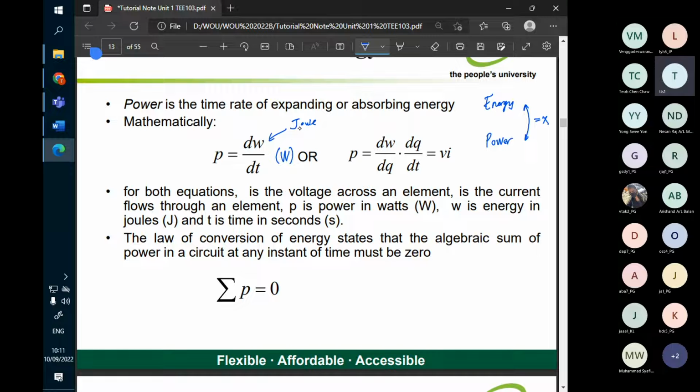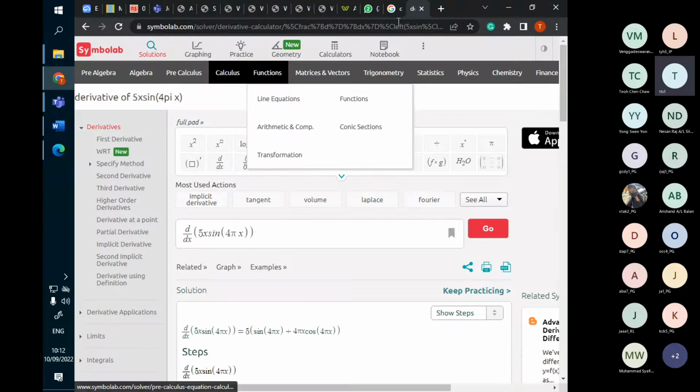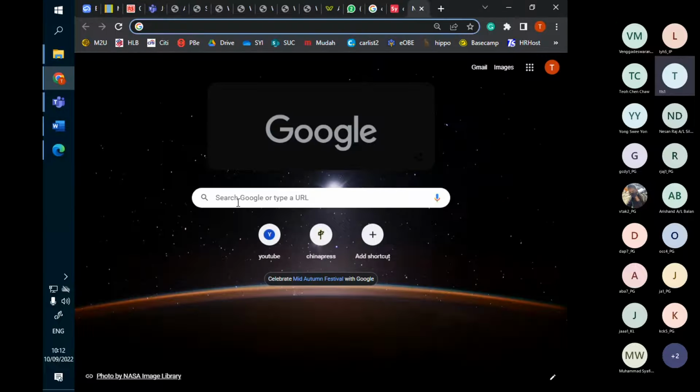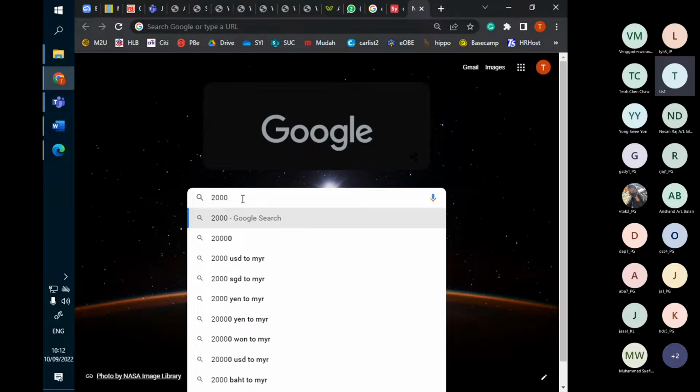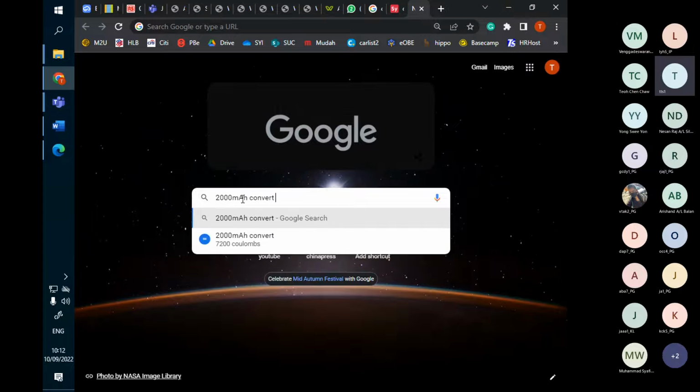Sometimes the battery also can use the joule to represent the battery energy over a period of time. When you go online, sometimes you see when you buy a battery, let's say your battery can deliver 2000 milliampere hour, right? You can always convert to joule.